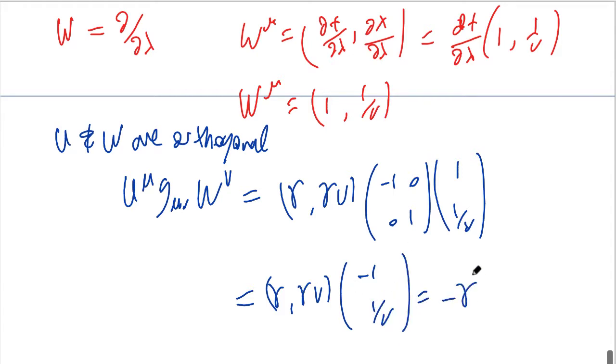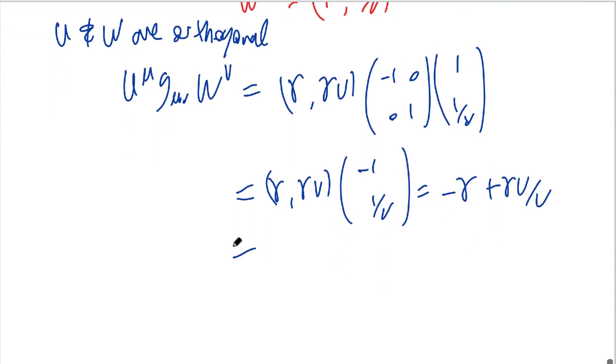We have minus gamma plus gamma v times 1 over v. So the v's cancel, minus gamma plus gamma is 0. So indeed, u and w are orthogonal.